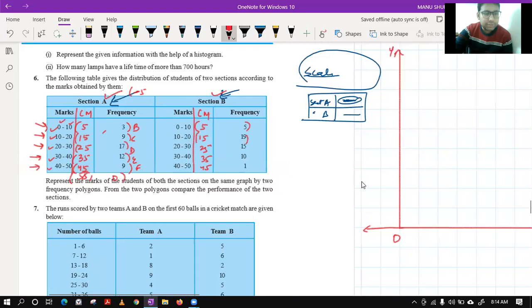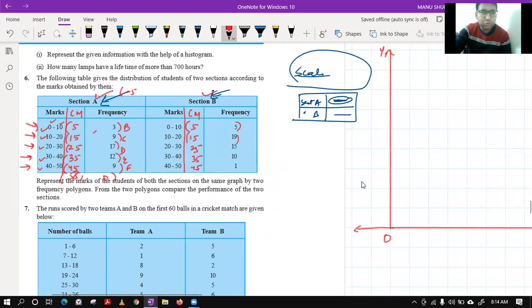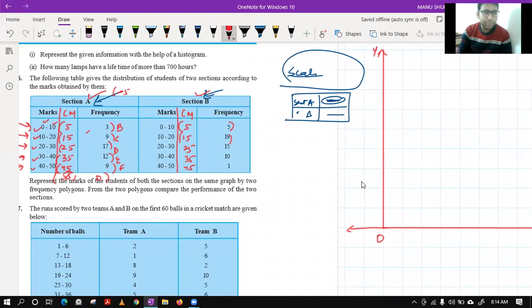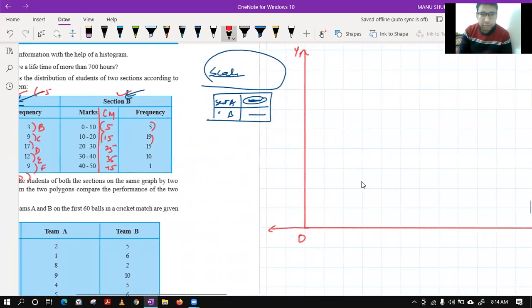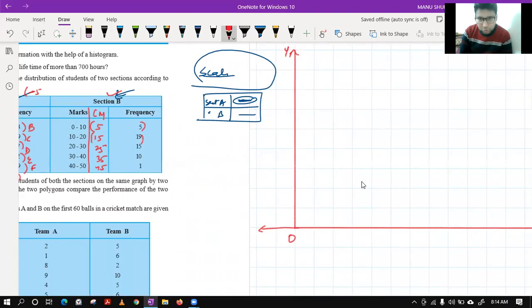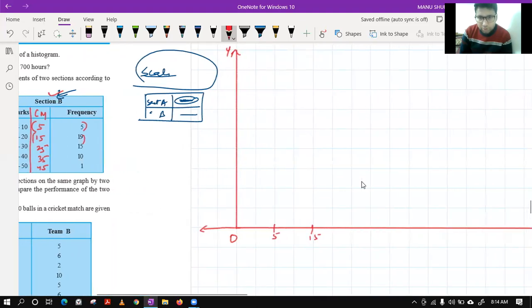Scale on the x-axis should be directly, we should start from 5 only. I think we can start from 5 only directly. So let me call this one as 5, 15, then 25, 35, 45 and 55. So this one is done.